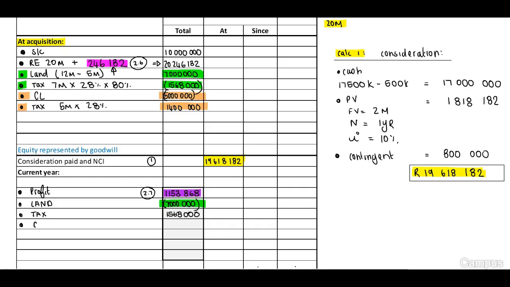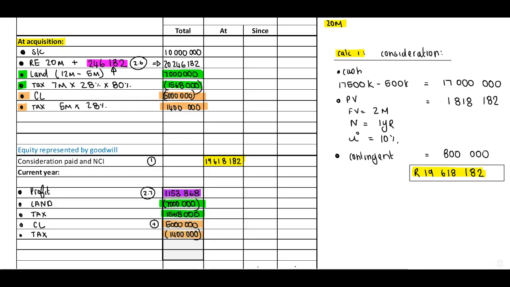Therefore, contingent liability, the 5 million. If we need to take this out, this will be a positive. And the tax in terms of our contingent liability, this is 1400000. I'm going to highlight this light orange for my marker to be able to identify.